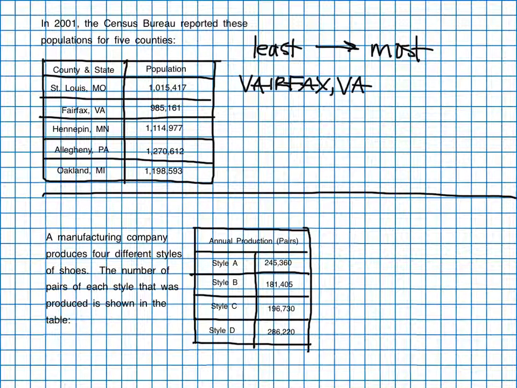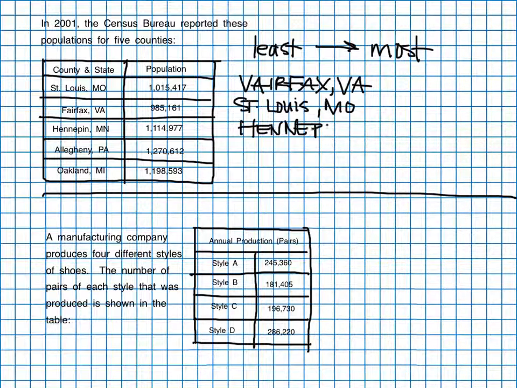Second least populated is going to be St. Louis County in Missouri, and that has a population of 1,015,417. After that, we have where the vast majority of us live, Hennepin County, and that's in Minnesota.